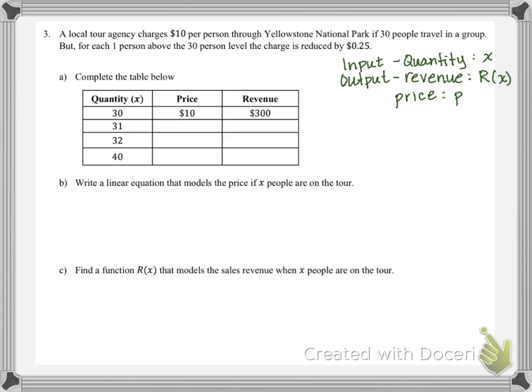So let's make this table here. If the quantity is 31, what's my price going to be? 975. And if my quantity is 32? 950. Does anybody know what it is if my quantity is 40? 750.